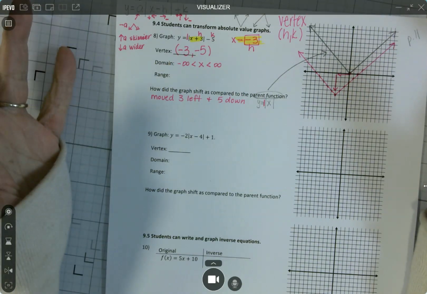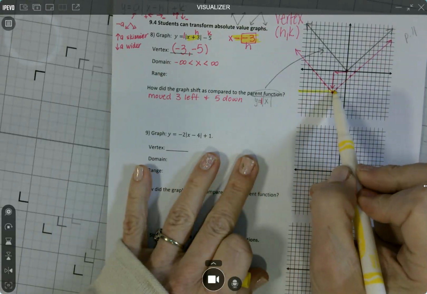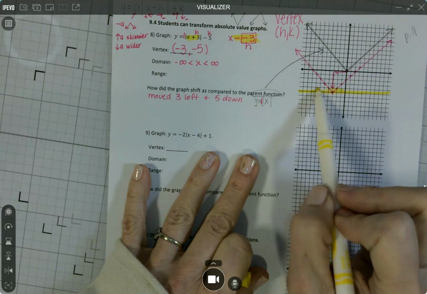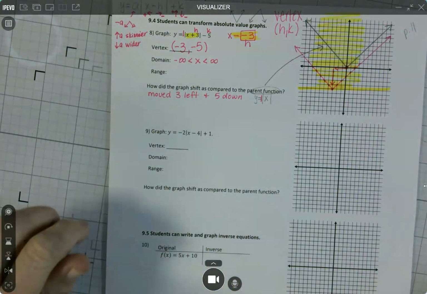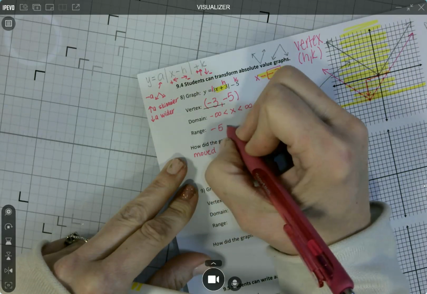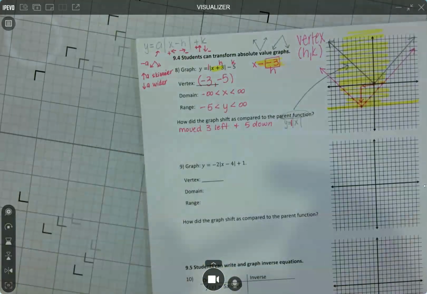Okay, but that's all it did. Now, as far as your range is concerned, it can't go any lower than that negative 5, and it's going to be going up forever toward positive infinity. So my range is negative 5 is less than y, which is less than infinity.